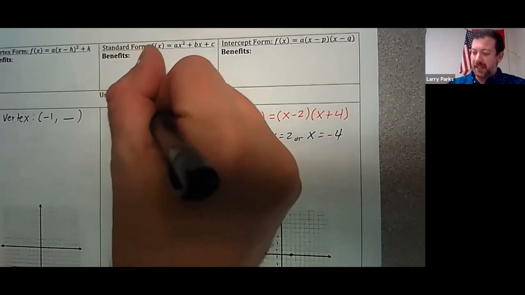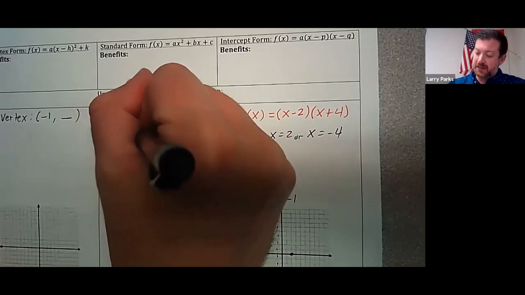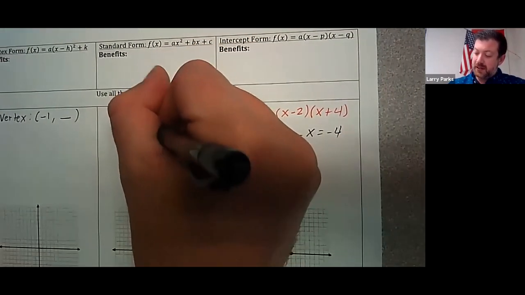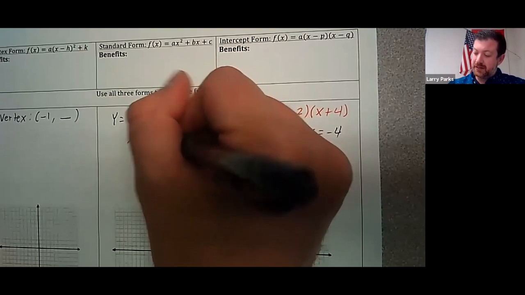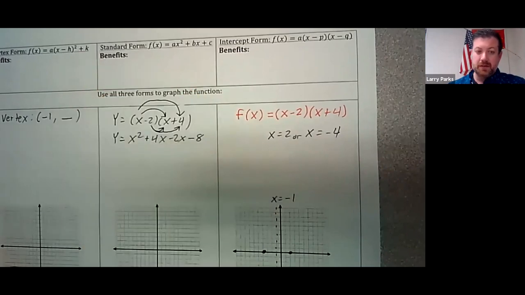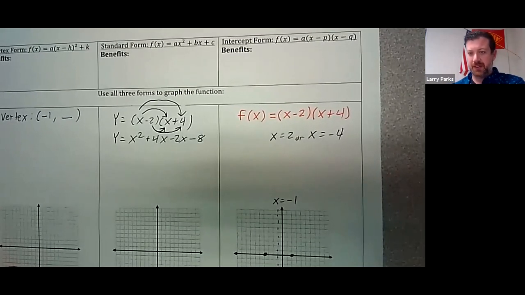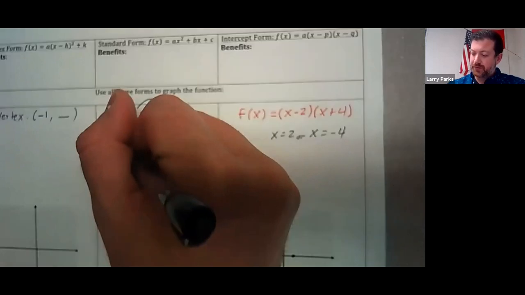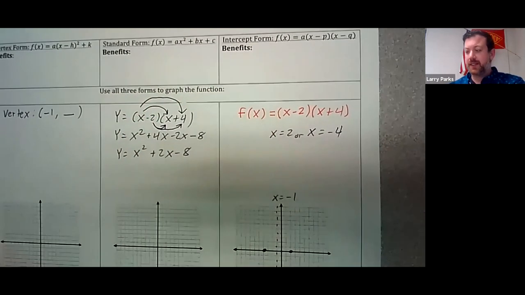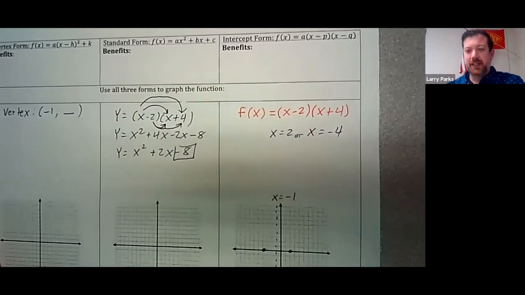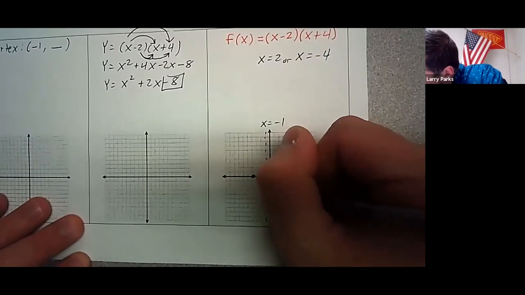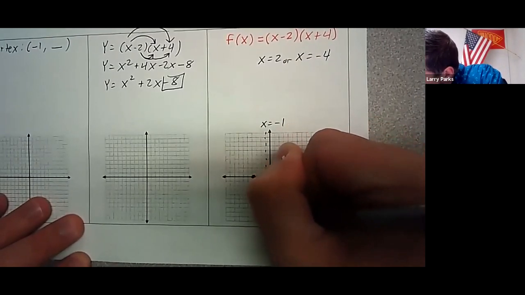So if I distribute that, it'd be x squared, 4x, minus 2x, minus 8. 4x minus 2x is 2x. And what does this tell us? This tells us the y-intercept. The y-intercept's at -8. 1, 2, 3, 4, 5, 6, 7, 8.